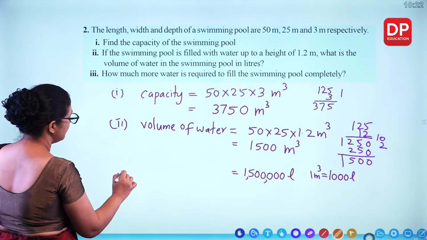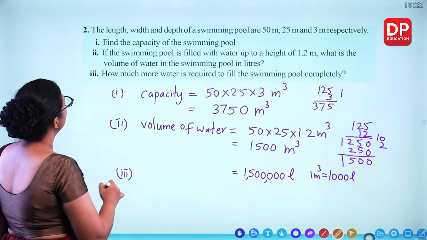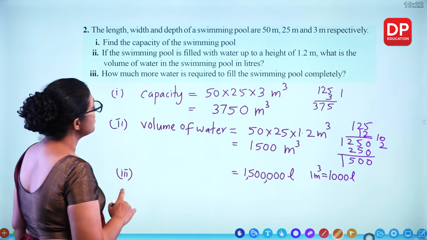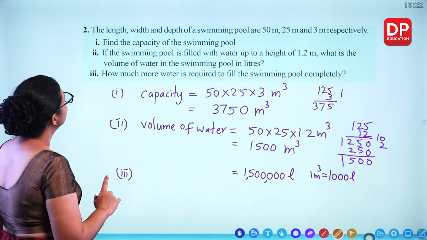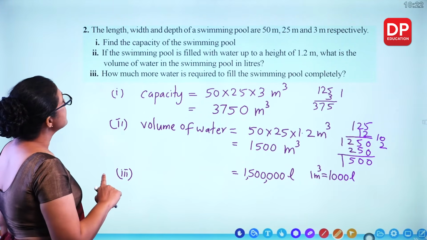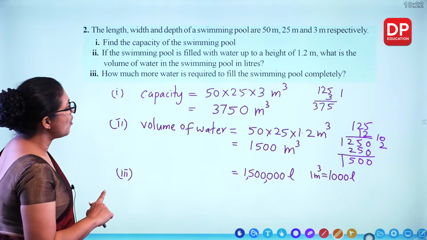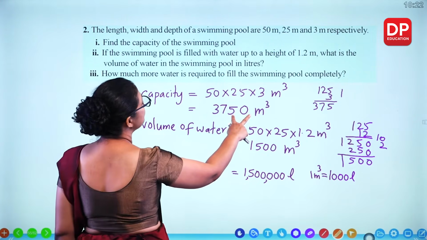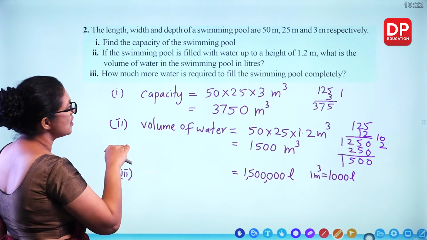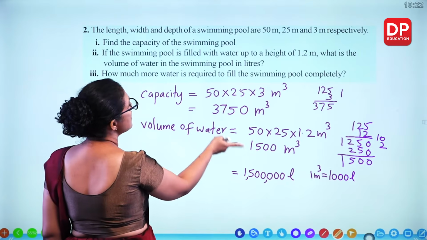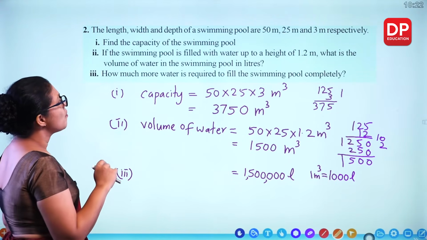Part 3. How much more water is required to fill the swimming pool completely? The capacity of the swimming pool, we found this much. If the swimming pool is filled with water, this much. So the difference is the water required.